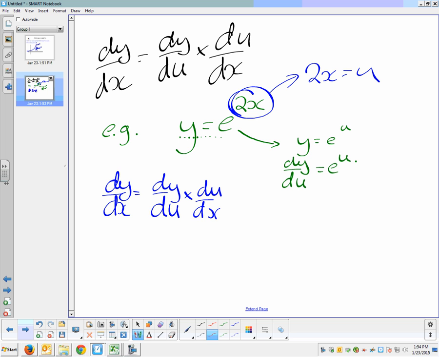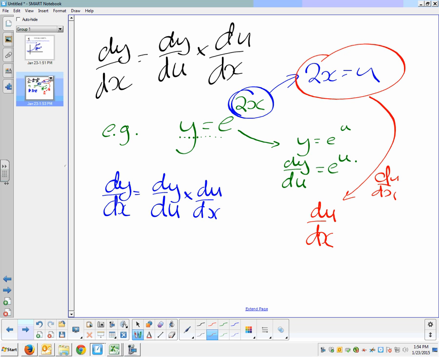So that starts here. And I differentiate u with respect to x. I get du by dx is equal to 2. So dy by dx is equal to e to the u from here times 2.